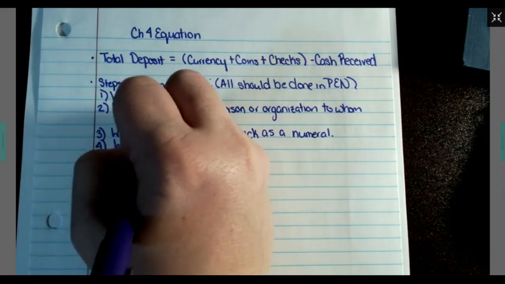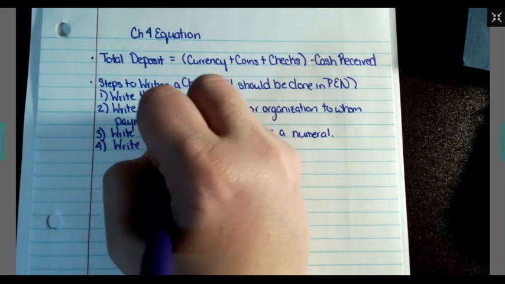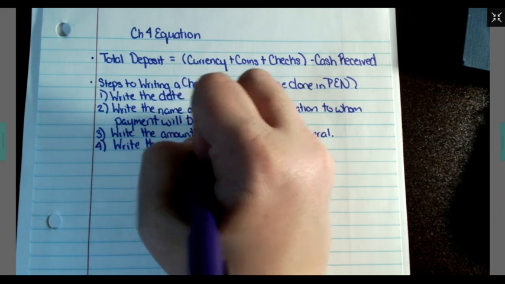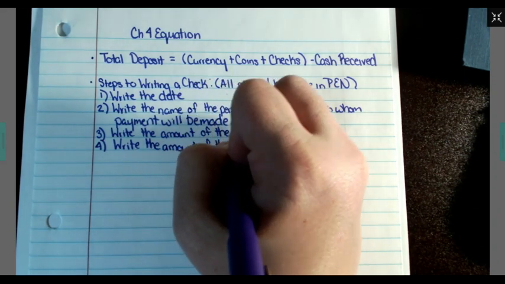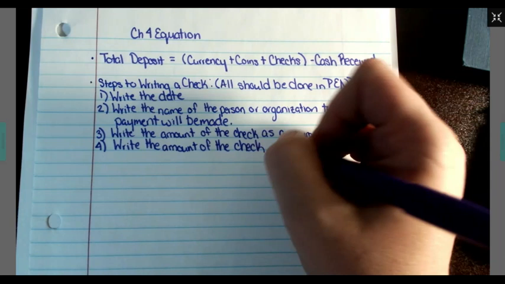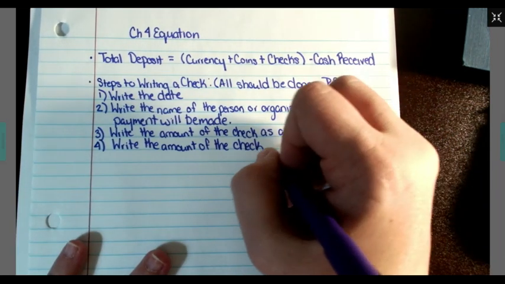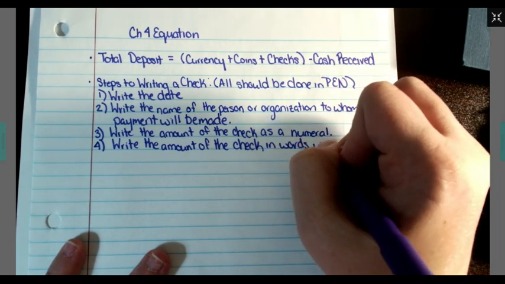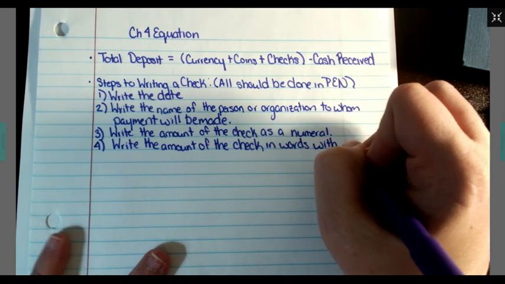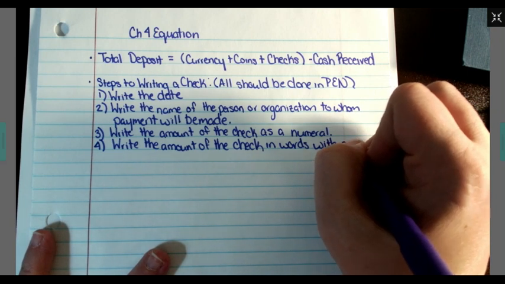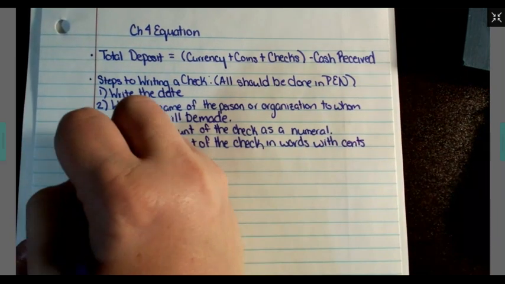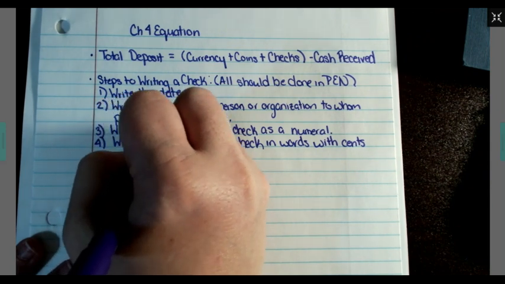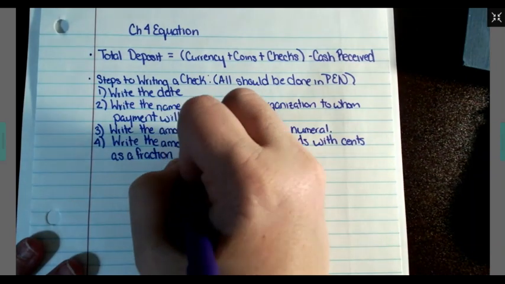Four, write the amount of the check in words with cents as a fraction of a dollar.